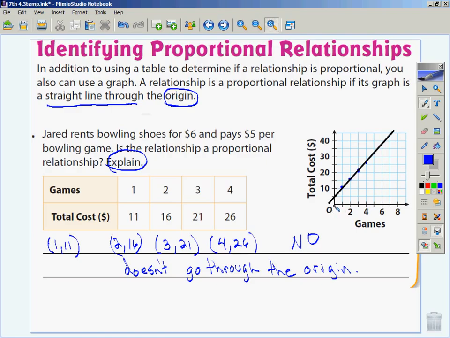Did it pass through the ordered pair 0, 0? No. In fact, it went through the point 0, 5. That's where it went through. If it doesn't go through 0, 0, is it proportional? No. Everybody still with me?